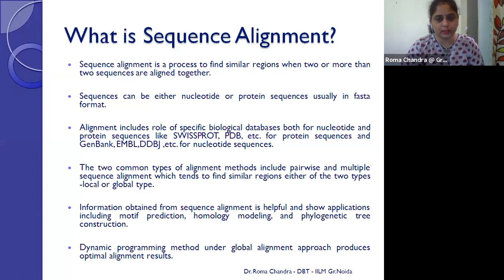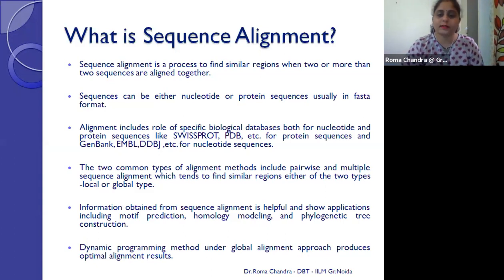The nucleotide databases are GenBank, DDBJ, and EMBL, whereas the protein sequence databases include SwissProt, PIR, MIPS, NRL3D, etc. So whenever we want to go for similarity searching, we can go for sequence analysis with sequences which we can extract or retrieve from databases, like the examples I have given you.